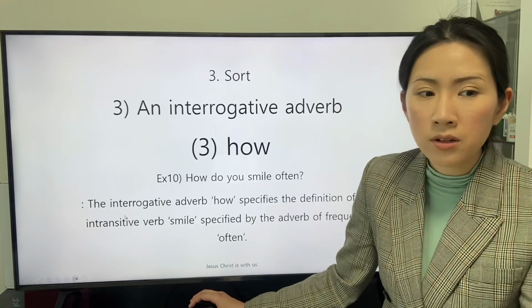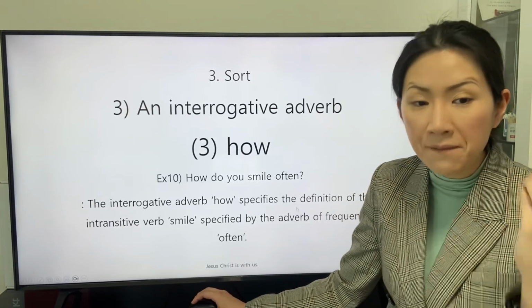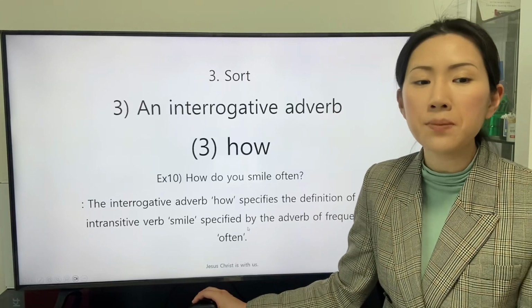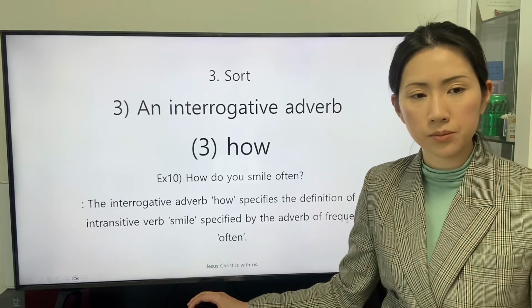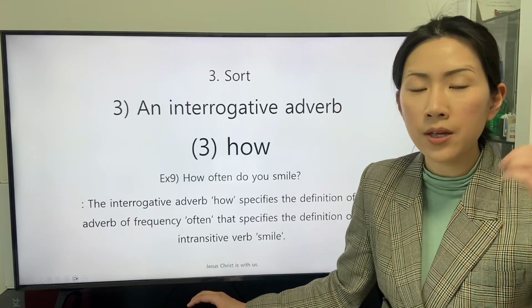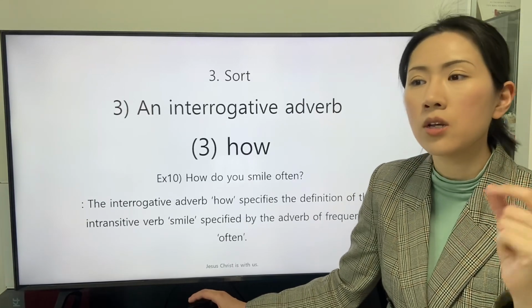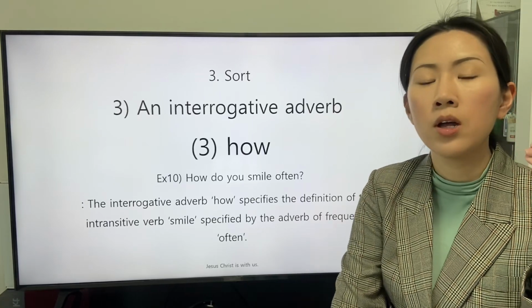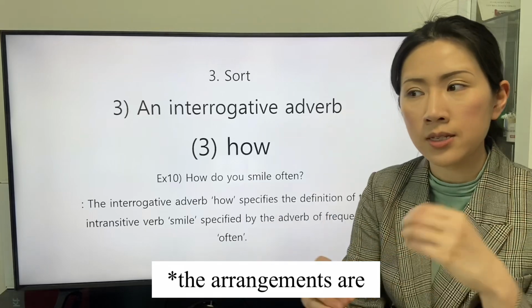In the 10th clause, the interrogative adverb how specifies the definition of the intransitive verb smile, specified by the adverb of frequency often. So we can see that the 9th and 10th clauses are constituted with the same word, but it's different.